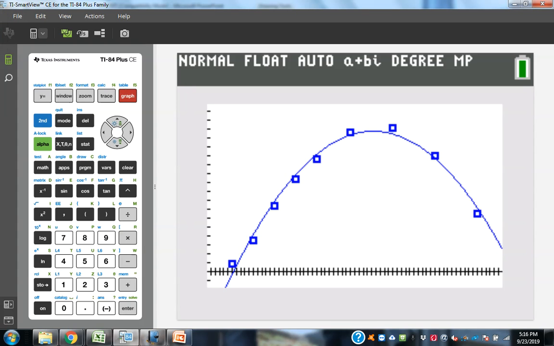It doesn't hit every one of them perfectly, but it gets real close to all of them, which is why it's the quadratic of best fit there.